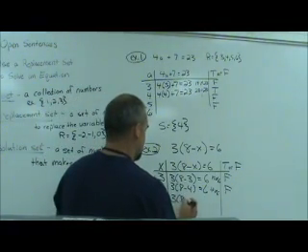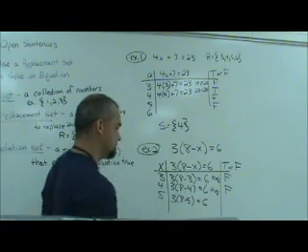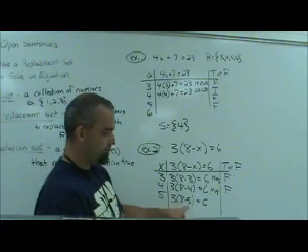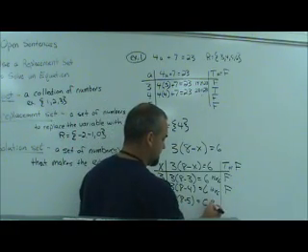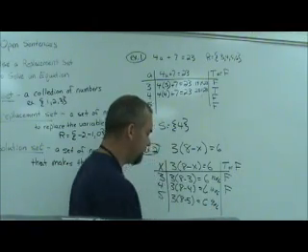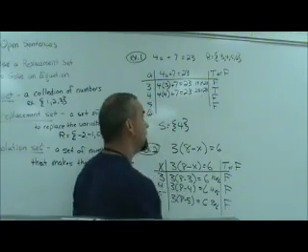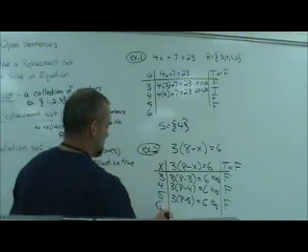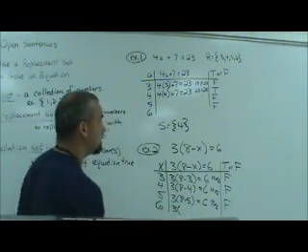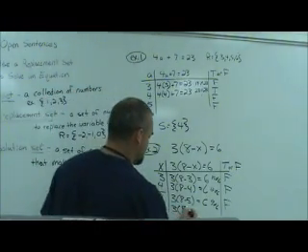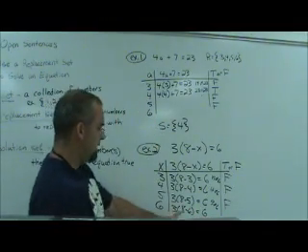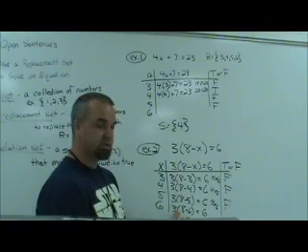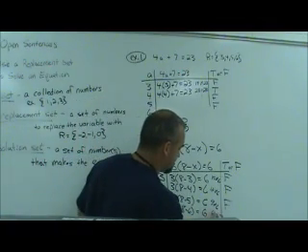Go ahead with 5. 3 times (8 minus 5), does that equal 6? Well, 8 minus 5, in parentheses first, is 3. 3 times 3 is 9. 9 does not equal 6. Therefore, we have another false statement. Oh, this last one's true. 8 minus 6 is 2. 3 times 2 is 6. 6 does equal 6.